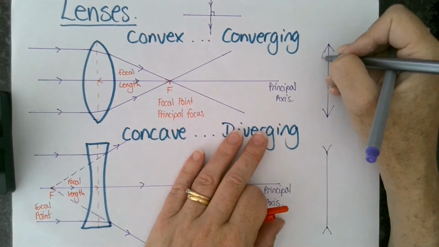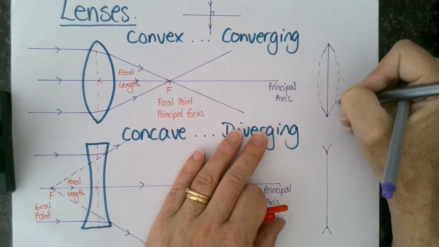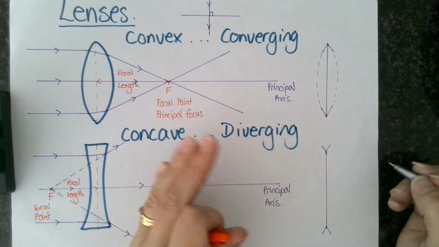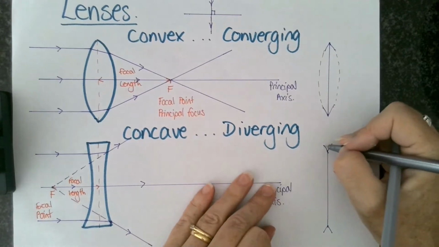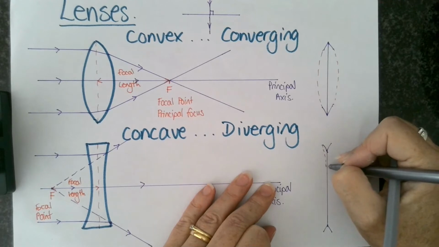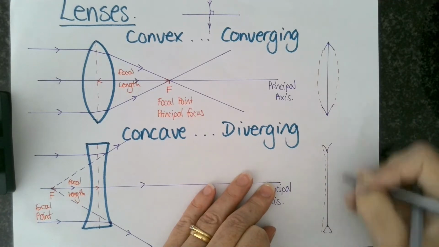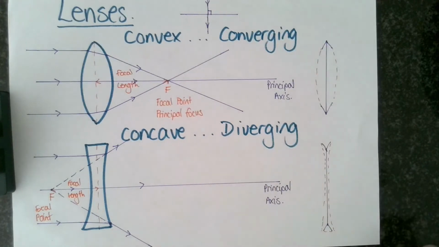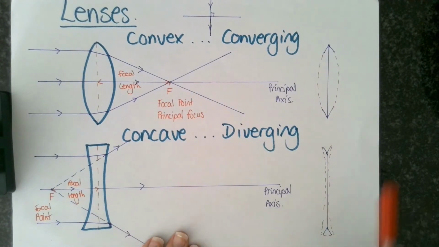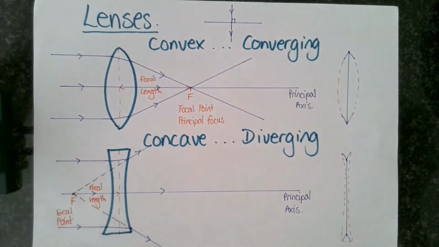Here you can imagine those arrows following round, and you can fill it in. You've got a convex lens, a converging lens. And here likewise you can imagine the shape of the lens coming in like that, so it's thinner at the middle and fatter at the bottom, and that is our diverging lens. All right, so that's how I remember, and hopefully that will help you too.